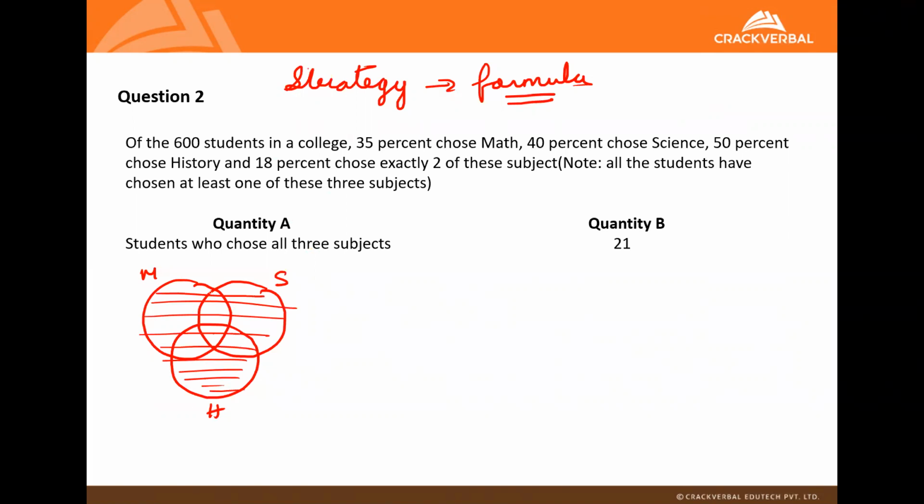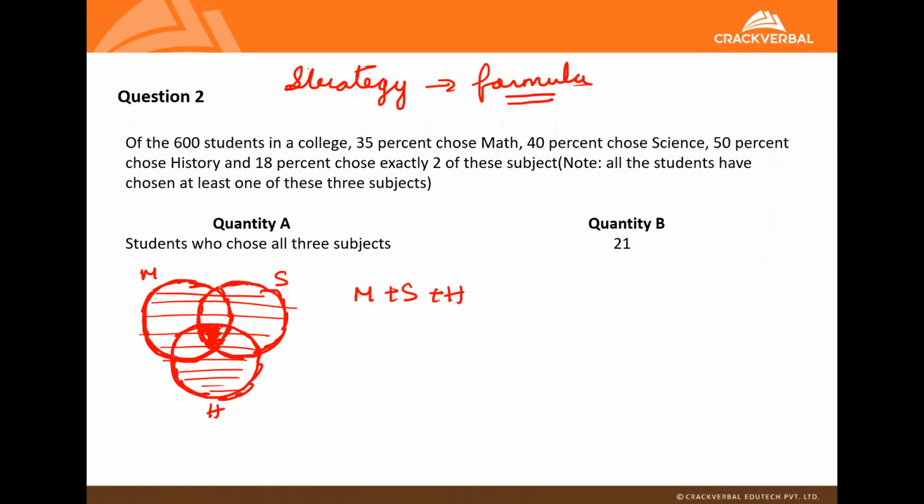To find the area of that entire region, I can take the area of this circle, that's M, add it to the area of this circle, that's S, add it to the area of this circle, that's H. But what I've done by taking the three circles individually is, I've counted this overall intersection 3 times.